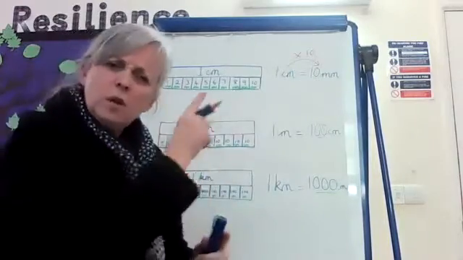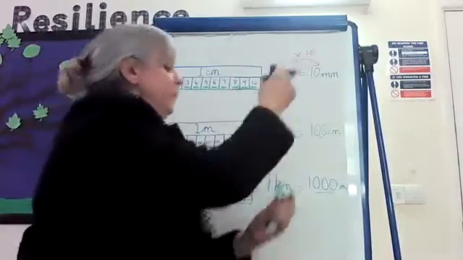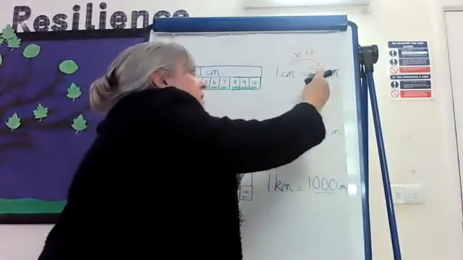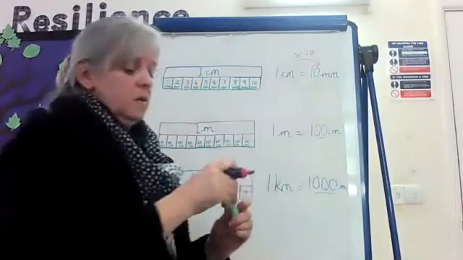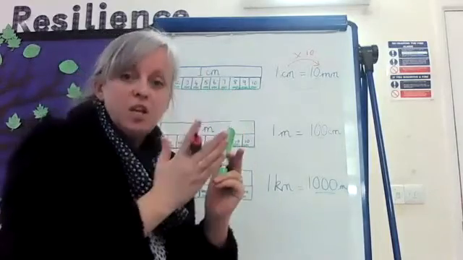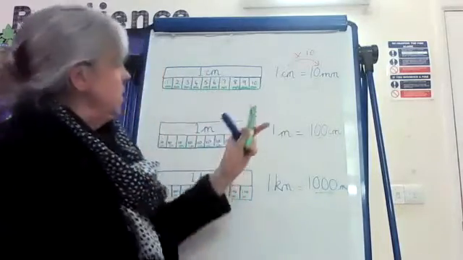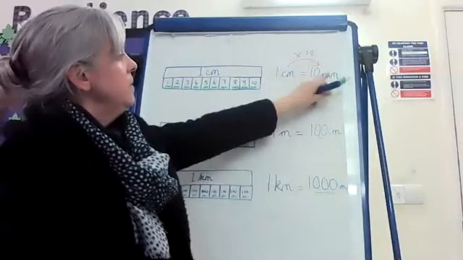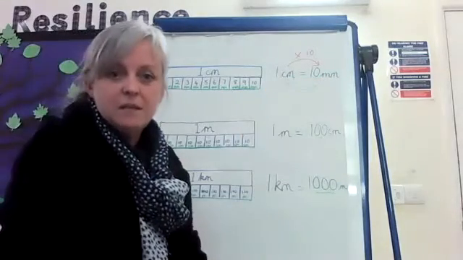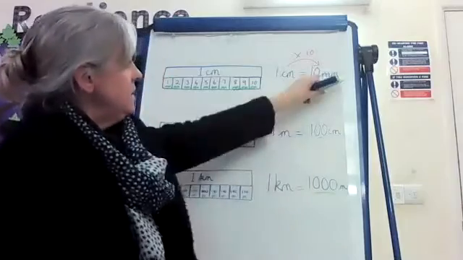But what about if we want to go back the other way? We want to convert from millimetres back to centimetres. What are we going to have to do there? Because to think about it, we've got lots of those millimetres and we're going to convert them into the bigger unit of centimetres. So let's have a little think. From the millimetres, what is going to happen to get to the centimetres? Right, 10 to get to 1.